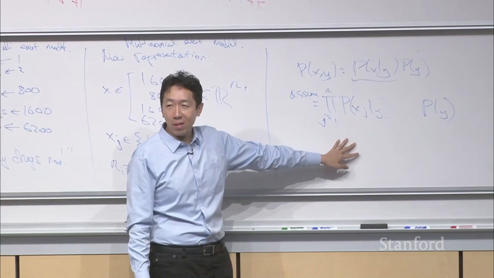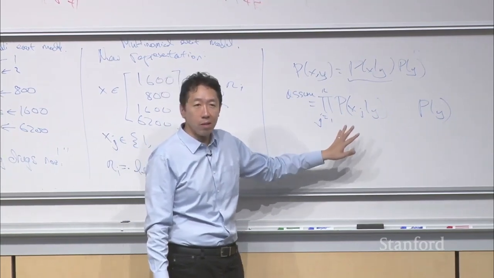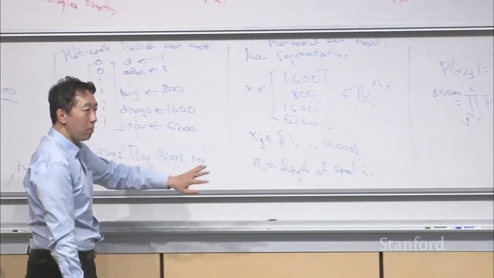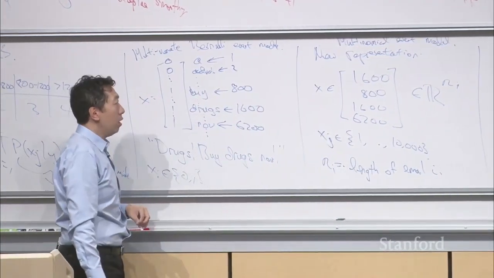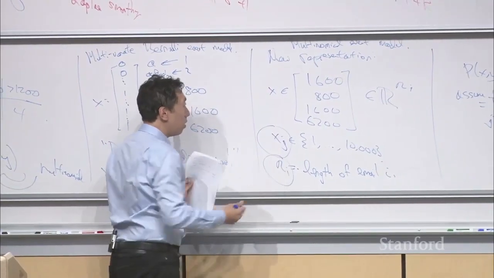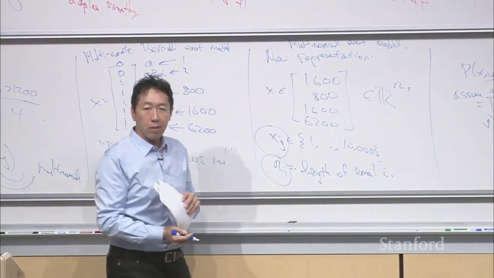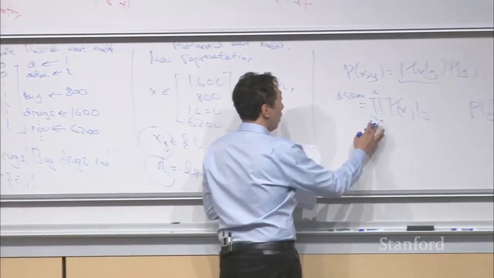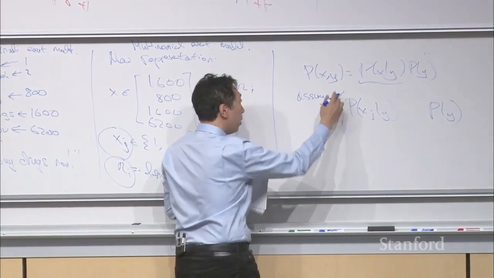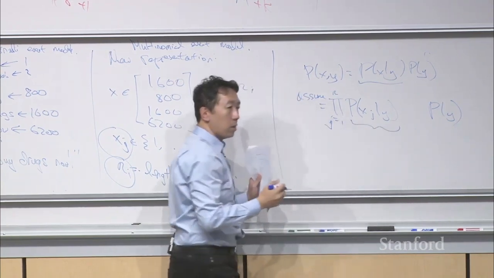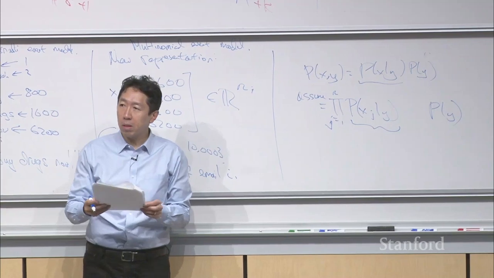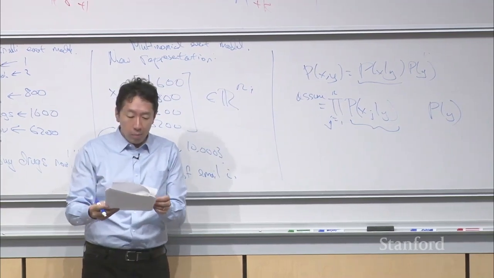So this equation looks cosmetically identical, but with the second model, the confusingly named multinomial event model, the definition of xj and the definition of n is very different. Instead of a product from 1 through 10,000, it's a product from 1 through the number of words in your email, and this is now a multinomial probability rather than a binary or Bernoulli probability, okay?